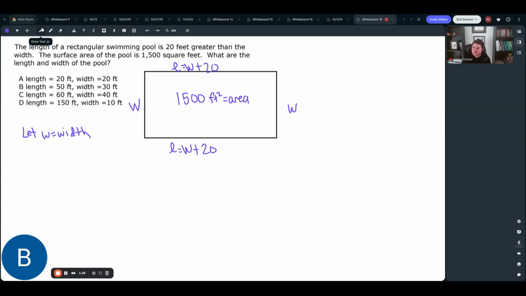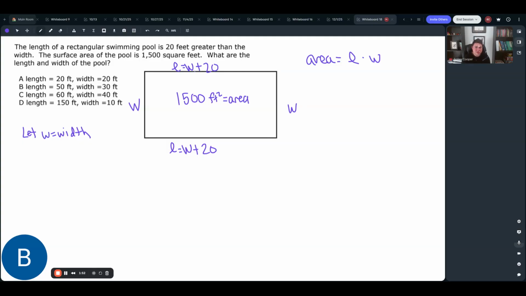Okay, so let's think about the information we have. We have something representing width, we have something representing length, and we have something representing area. Probably a good idea to get an area formula on the board for this rectangle. So the area of a rectangle is equal to the length times the width. And then let's get this all in terms of the same variable.